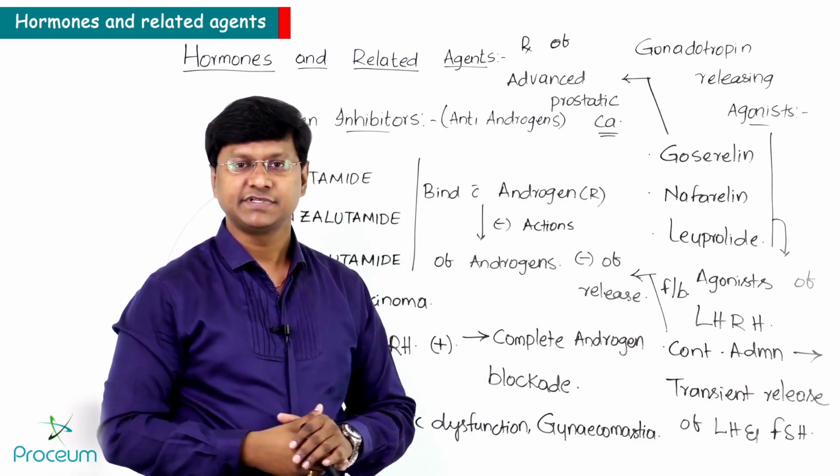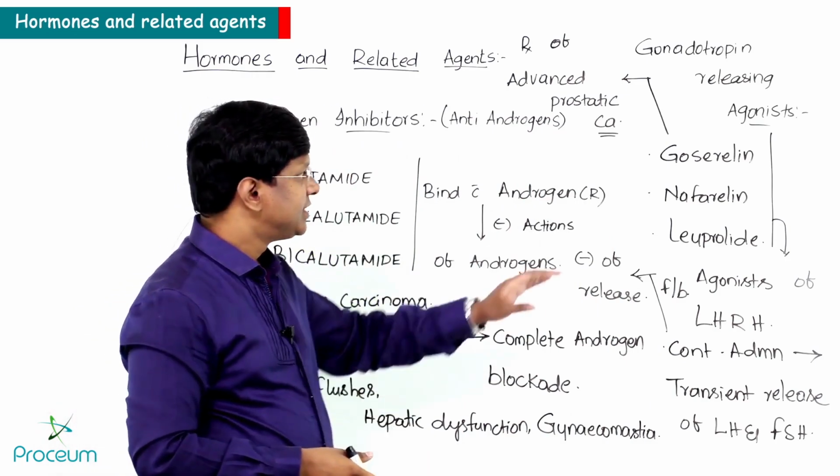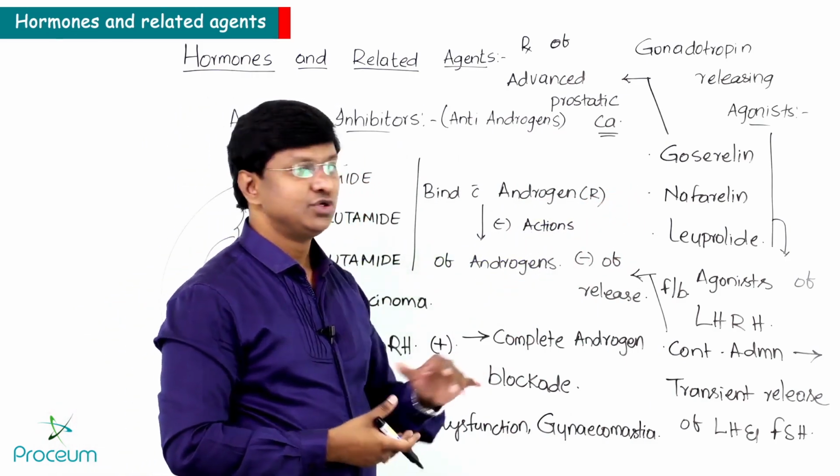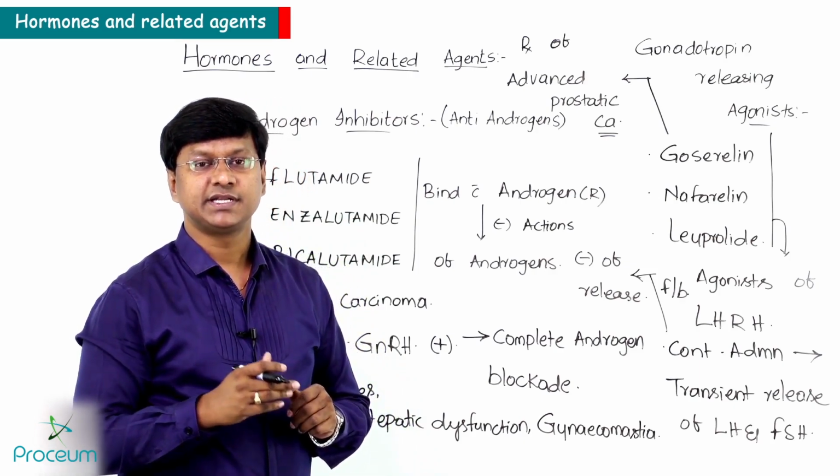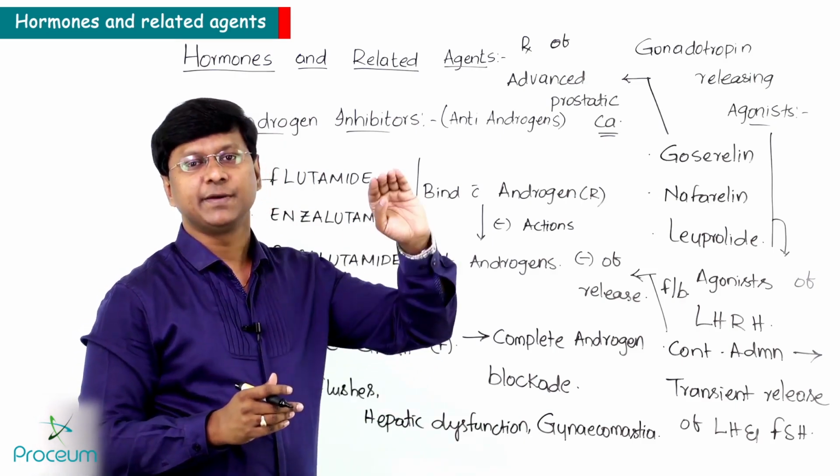Now take the adverse effects of these particular agents, goserelin, nafarelin, and leuprolide. The main adverse effects include the transient flaring up of the disease.